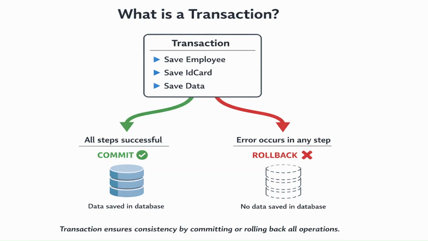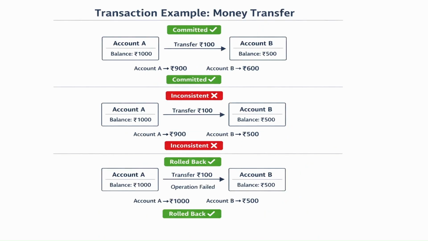So that is transaction. Now, if I give you a simple real world example, let's say we have account A and B. Now, account A currently has 1000 rupees and account B has, let's say, 500 rupees. And we are transferring 100 rupees from account A to B. Now, what will happen? If everything goes fine, then account A balance is 900 and this is 600.